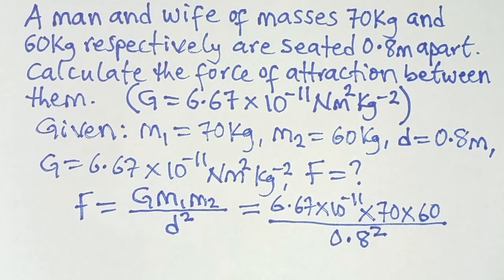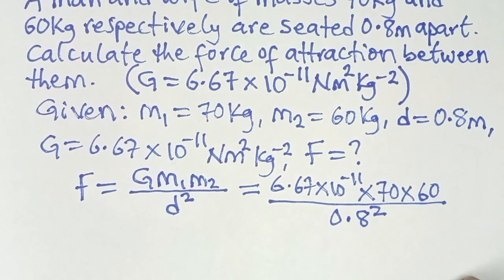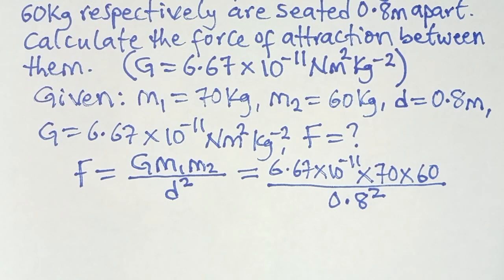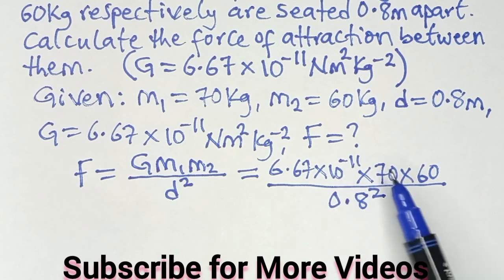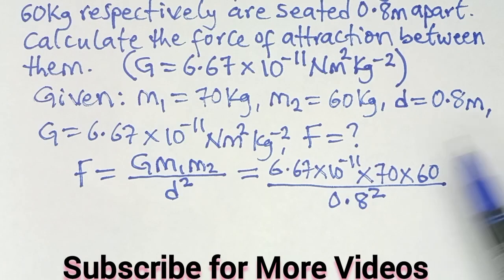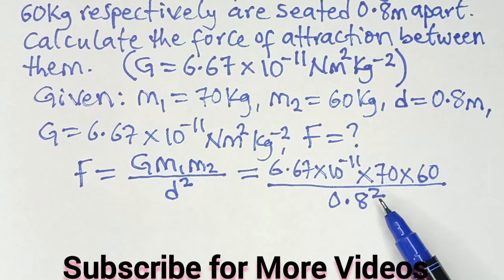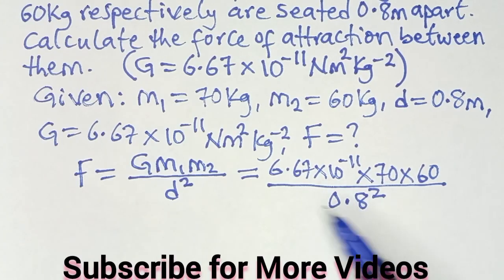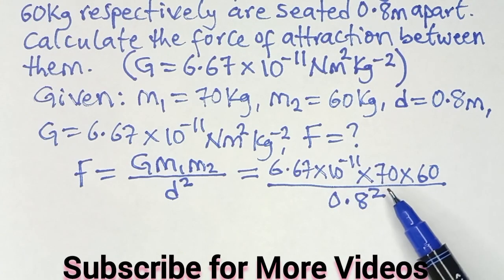So now, one important thing is that we must be careful here so that we'll not get the wrong answer. You can multiply this by 70 and 60 and then divide by this. I will advise you to put this denominator in brackets so that you have the correct answer for this question.